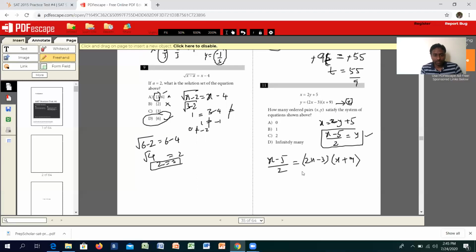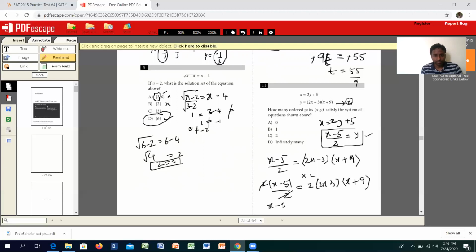So now multiply by 2 in order to get rid of this 2. When I multiply this entire thing with 2, I'm multiplying this entire bracket, x plus 9, this is 9. So this goes out.